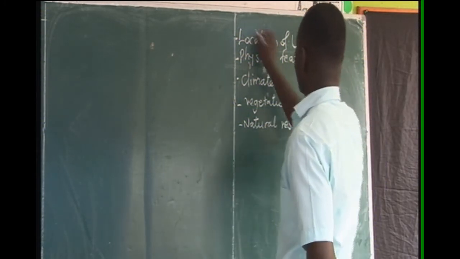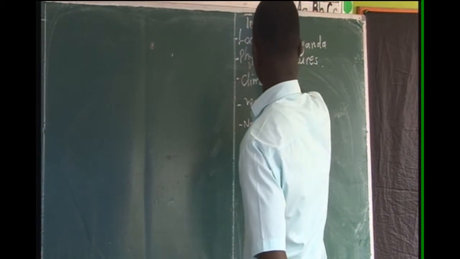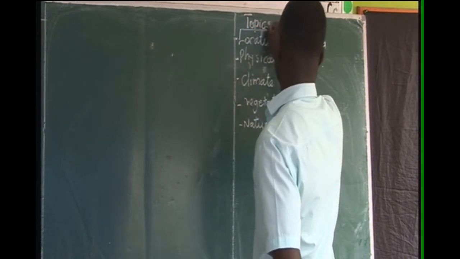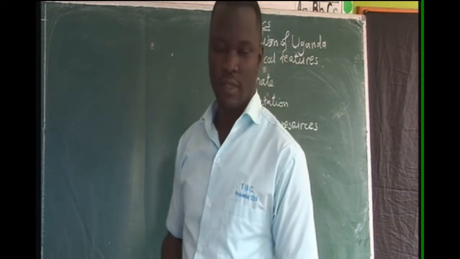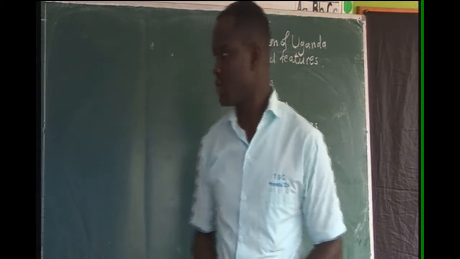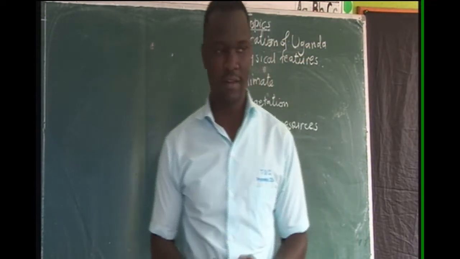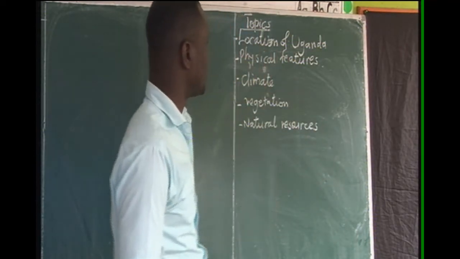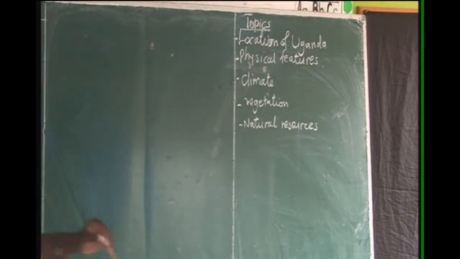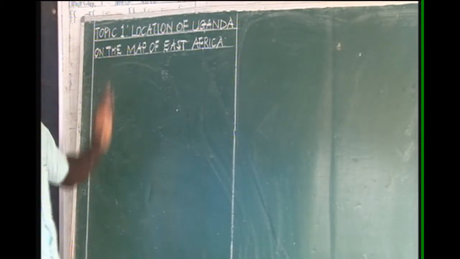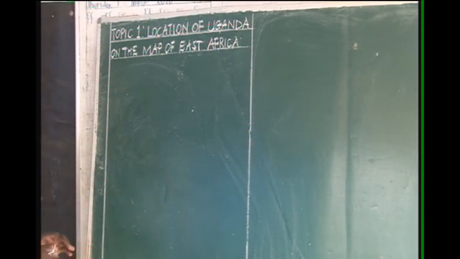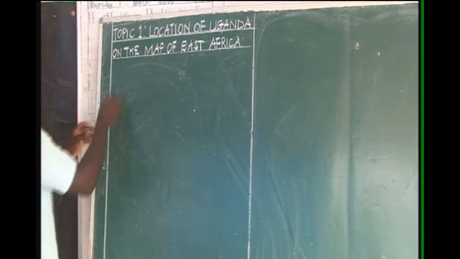So these are the topics that we are going to be discussing in this term 1, that is in our subject of social studies. So we are going to begin looking at these topics one by one, and the first is location of Uganda. So we are calling it topic 1, location of Uganda on the map of East Africa.